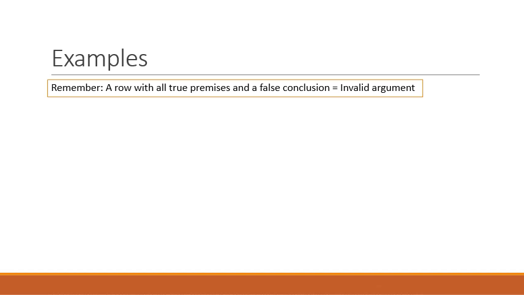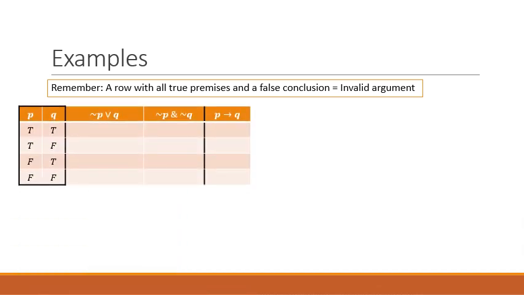So you have to fill it out and see if such a row exists. We're going to continue with arguments that only have two sentence letters, so there's only going to be 4 possibilities, but we'll do things that are a little bit more complicated.